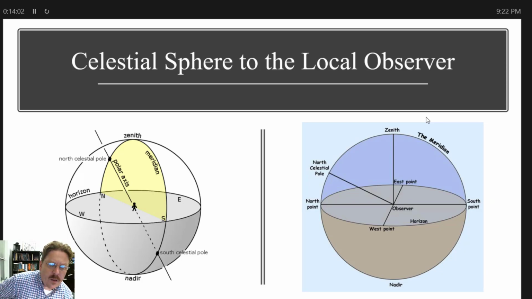Now, one of the issues with the Altitude-Azimuth or Alt-Az system, as I'm going to continue to refer to it, is that you have two problems with it. One, it's defined by your local observer.